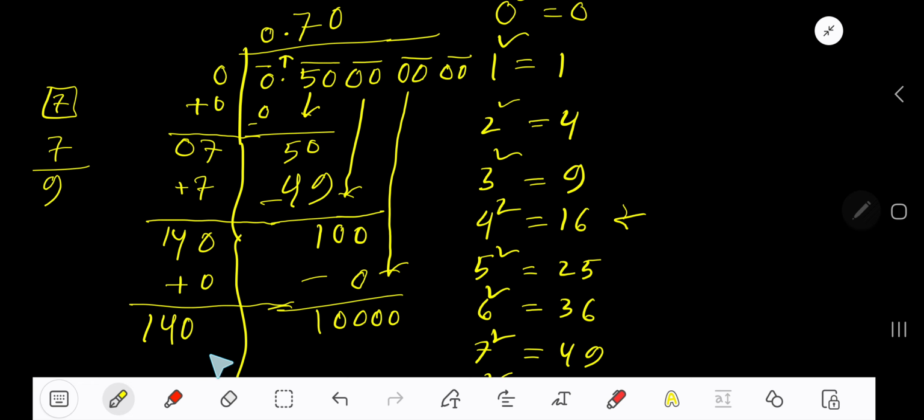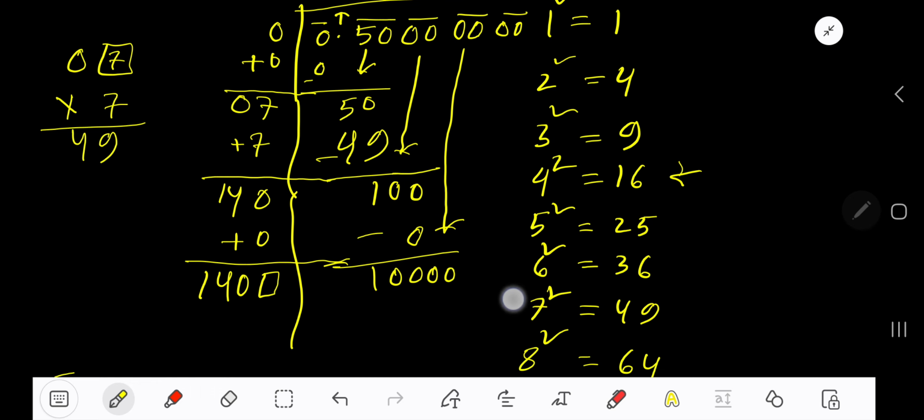So 140 goes into, you have to consider a number here. How many times? Look here, 140. You have to consider a number. Let's say that number is 7. Okay, 7 times 7, 49.